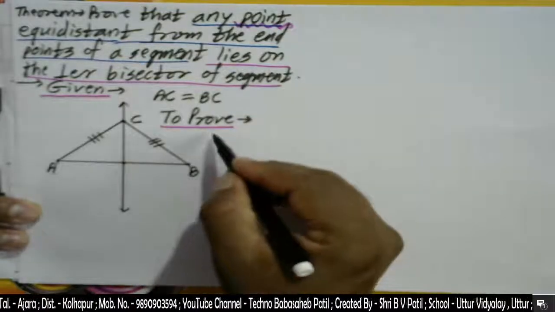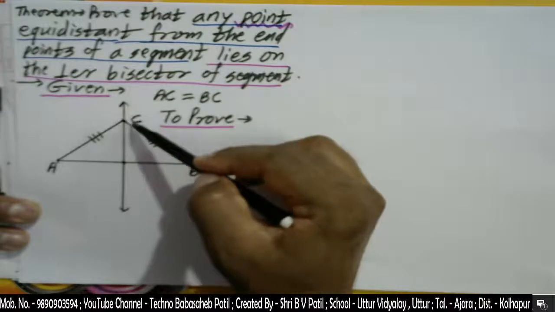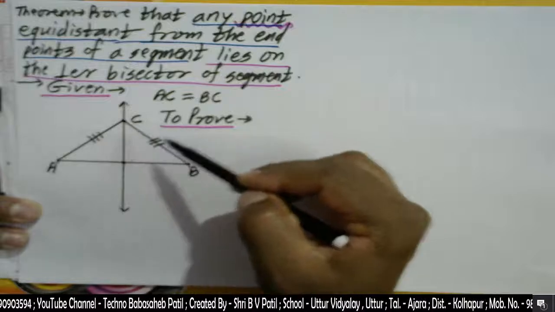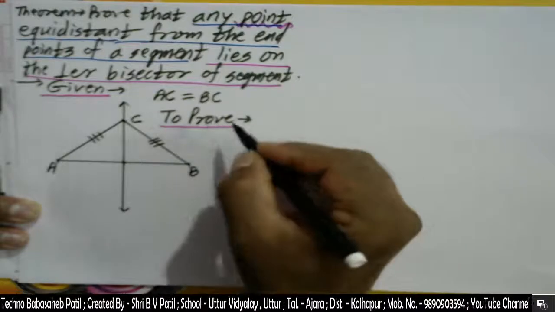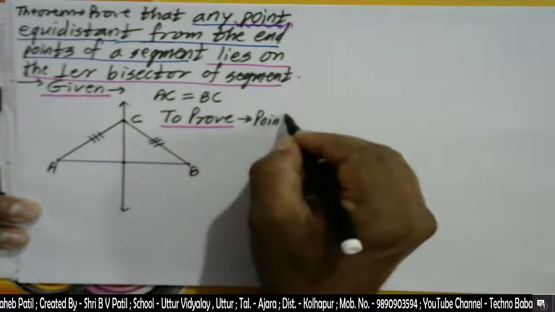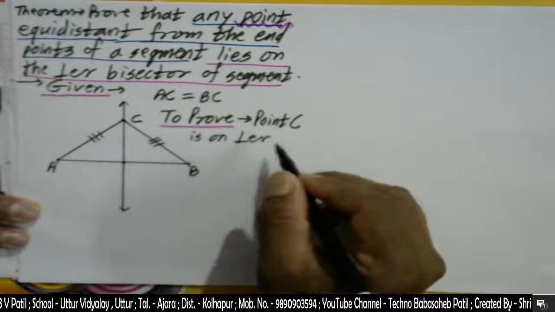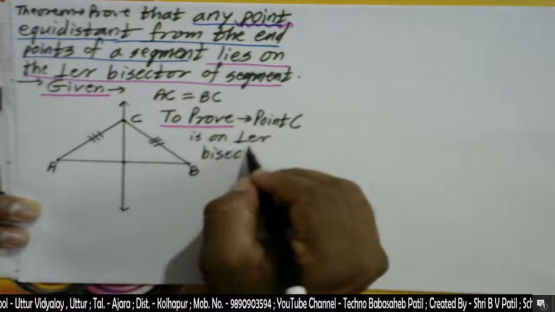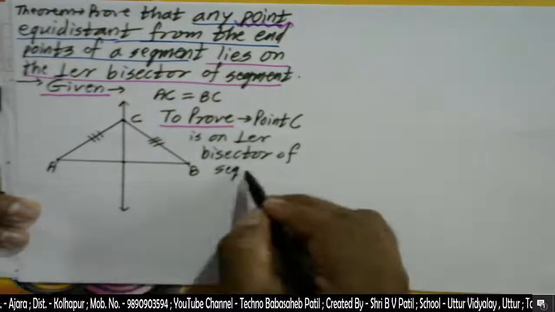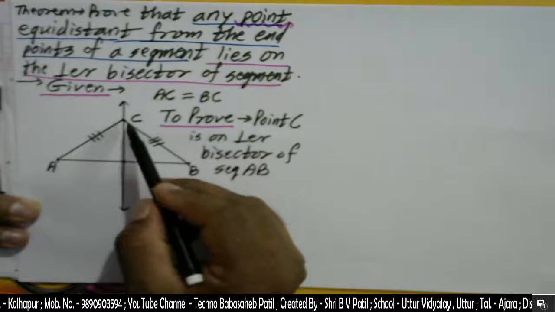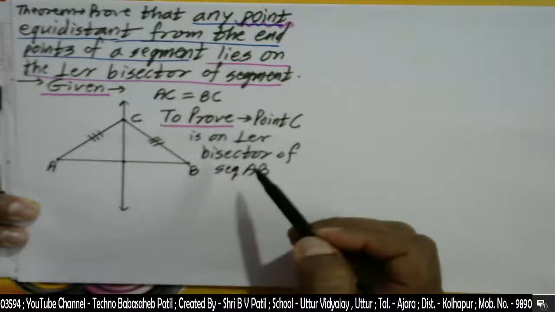Point C is on perpendicular bisector of segment AB. We have to prove that point C is on the perpendicular bisector of AB.